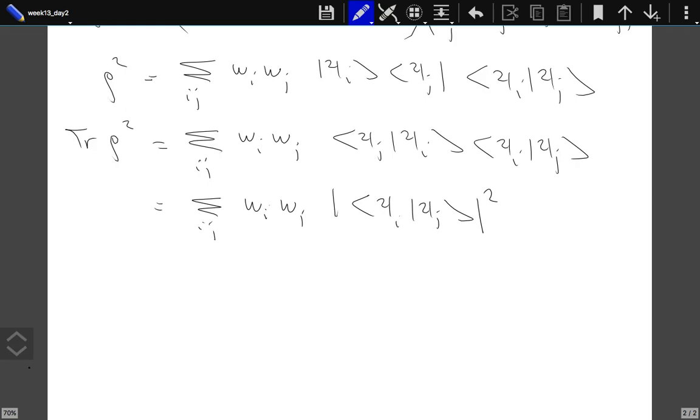Well, let me make a simplifying assumption. I will just assume that these psi I's are orthogonal. They don't have to be in general, but let's just assume they are orthogonal to each other. That will just simplify my life.